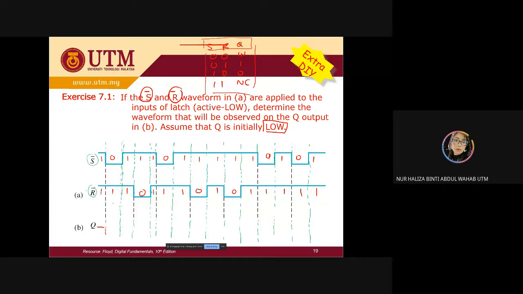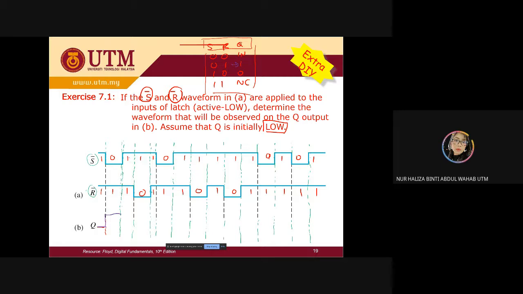My step 3, I just need to draw. Let me change the color. Okay, now initial is 0. I have the next, which is 01. 01 is what? 01 is 1, which is set, until my next dotted line.